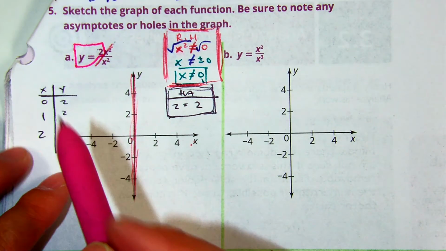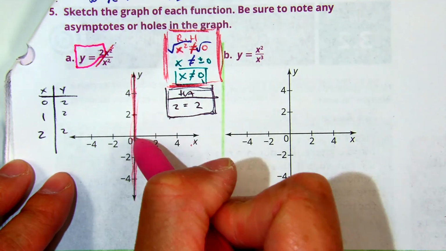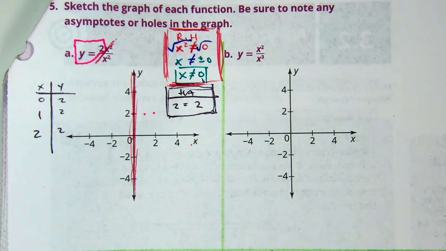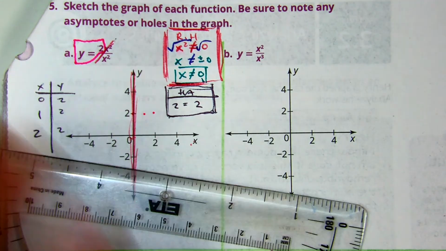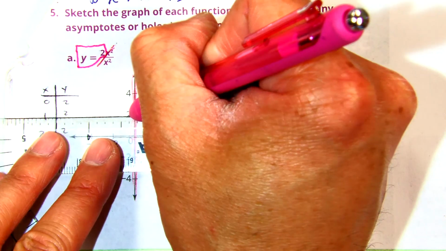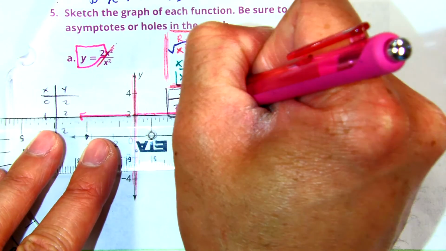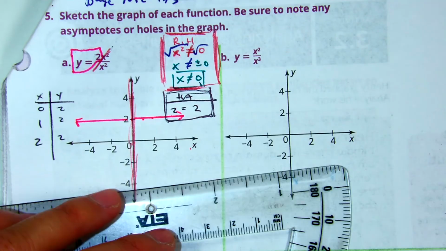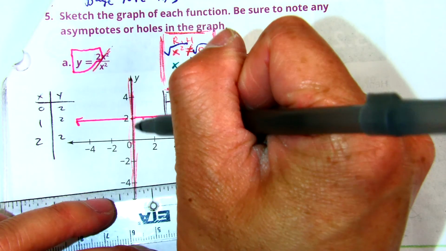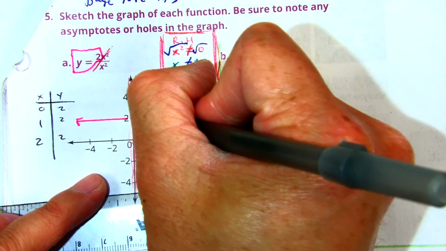If I graph this, 0, 2, 1, 2, and 2, 2, then my graph is actually just a horizontal line. And remember, we learned that where this, not the vertical asymptote, but where it intersects the graph, that's where my donut hole is.